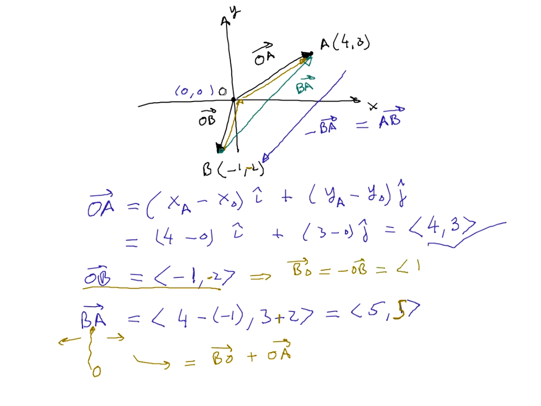Therefore, it better be 1 and 2. So let's add BO, 1 and 2, with OA, which was this one, 4 and 3, and we better get this guy. Sure enough, 4 plus 1 is 5, 2 plus 3 is 5. So the final displacement is always exactly the same.